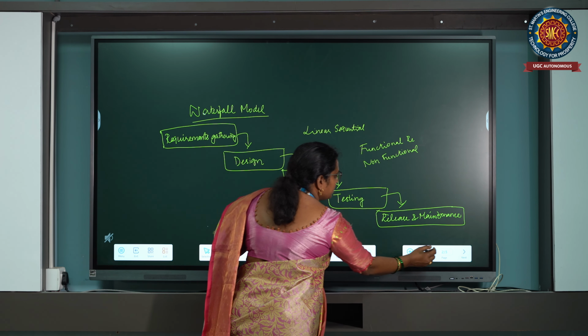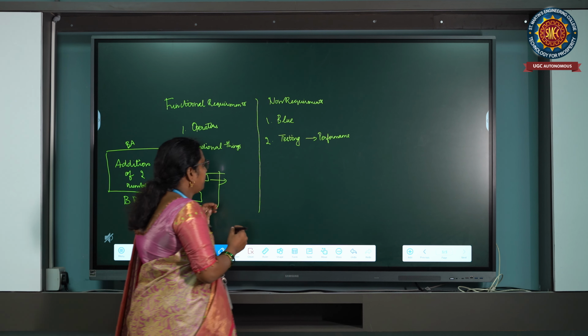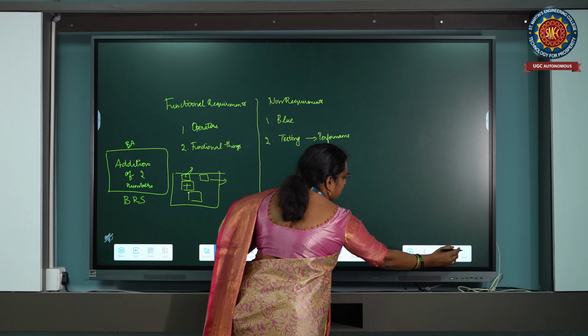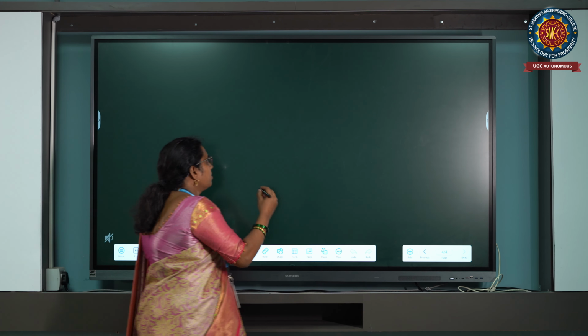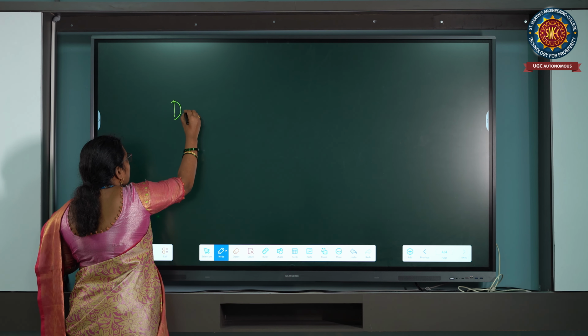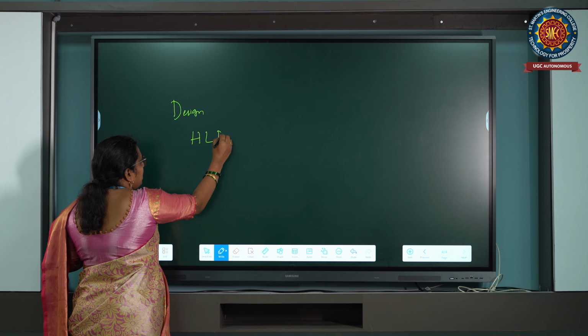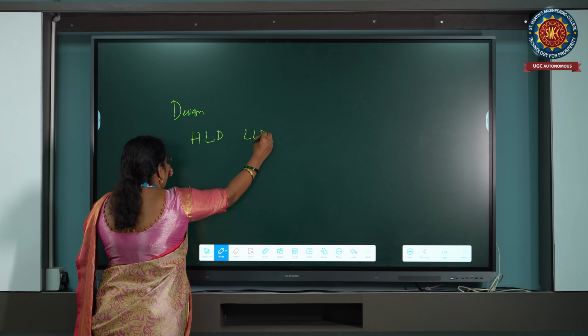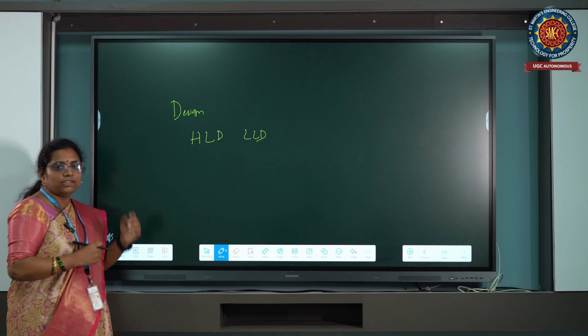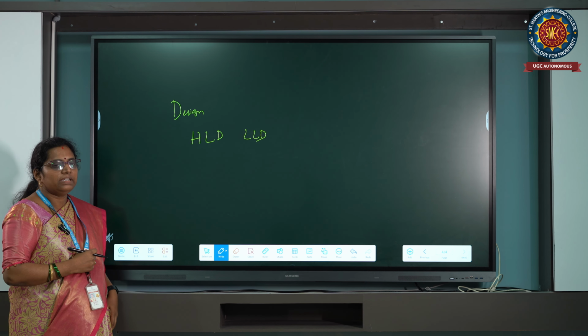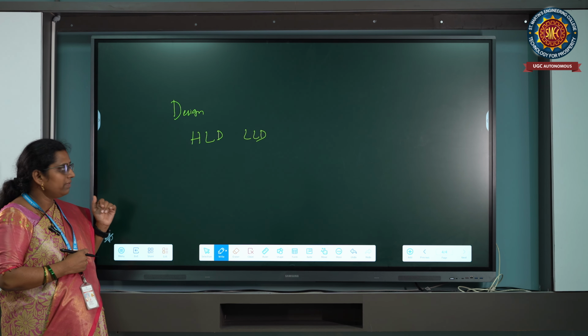Next, in the design phase you'll have two things. One is the HLD and the other is the LLD. HLD is high level design, and the second one is LLD, the low level design.